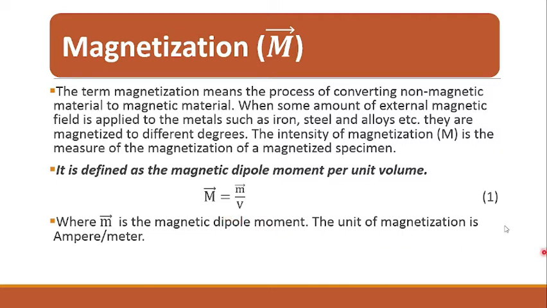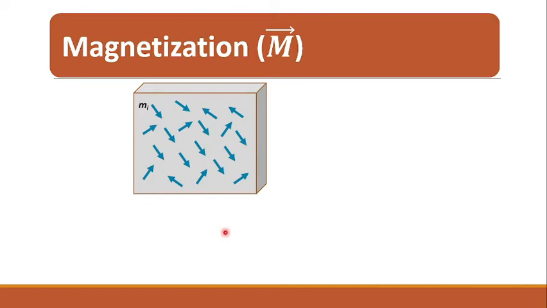Net magnetization results from the response of the material to an external magnetic field. In a magnetic material, when the external magnetic field is absent, all the magnetic dipole moments of individual atoms are randomly oriented, and because of that the net magnetization of the material is 0.